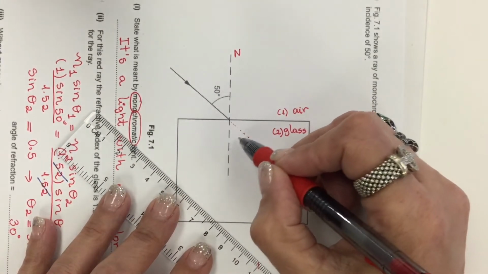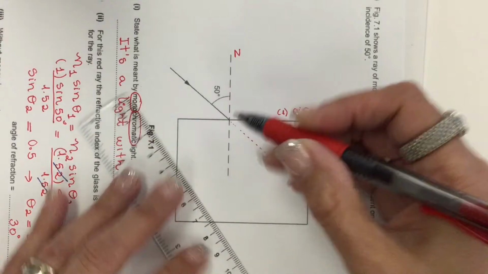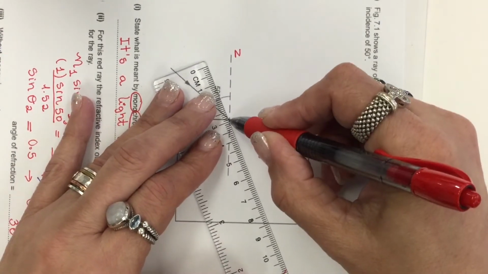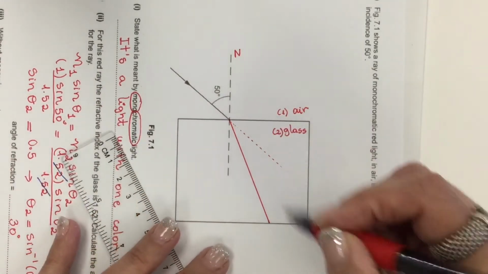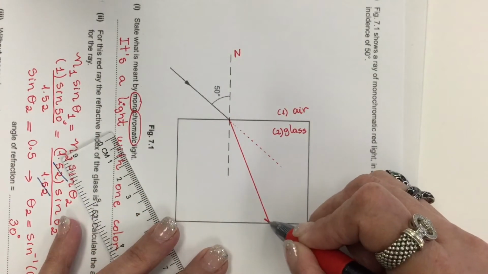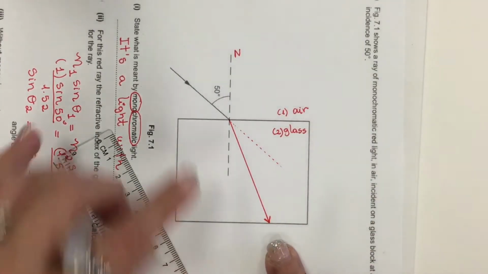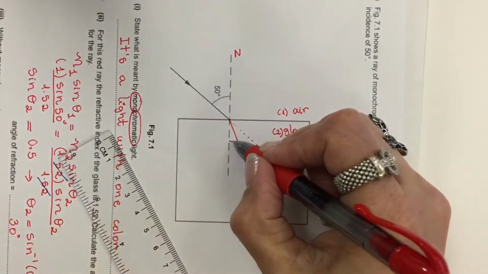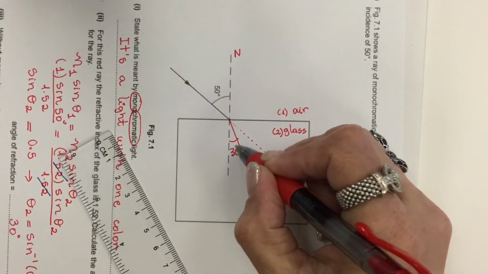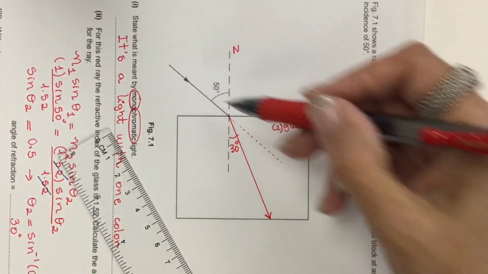So it should be in this space. I can define 30 degrees as this here. So this is my refracted ray, and this is the refracted angle, 30 degrees. Now this will be a path.